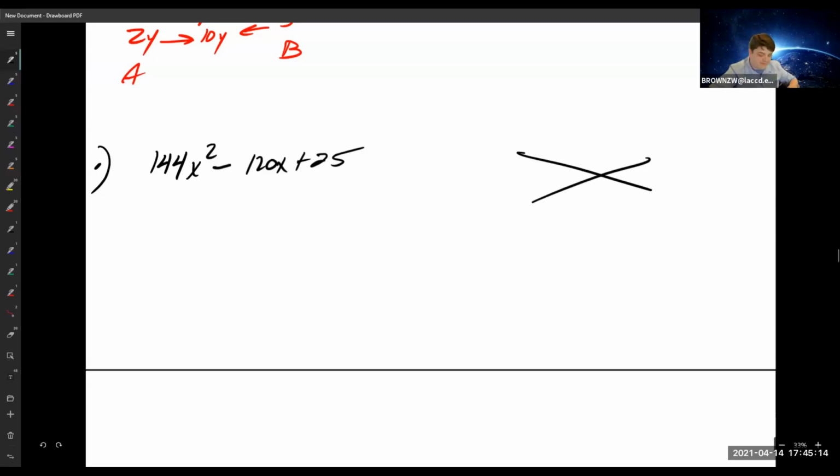So you'd have to go through and say, all right, well, the first times the last is 3,600. Oops, 3,600. And my bottom here is negative 20. We'd have to find two numbers that multiply to 3,600 but add to negative 120, which is real gross. I don't want to do that.